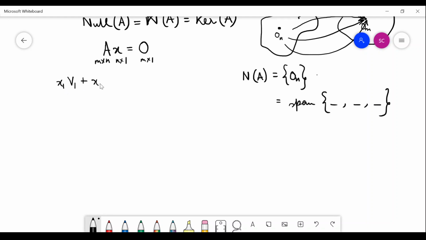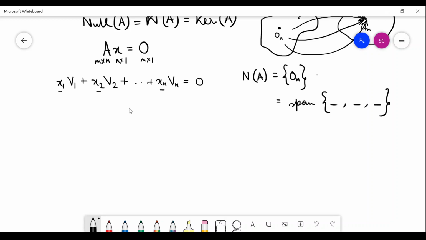This understanding we had gathered from the last lecture. x2 is multiplying the column v2. Similarly, xn is multiplying the column vn. That is giving me 0. So we are trying to find out this x1, x2, xn.